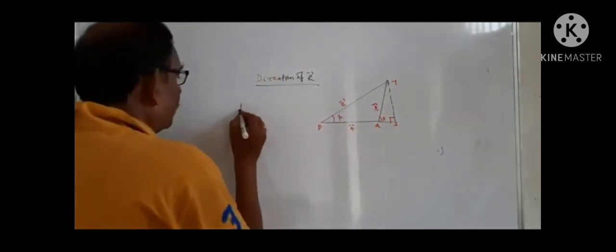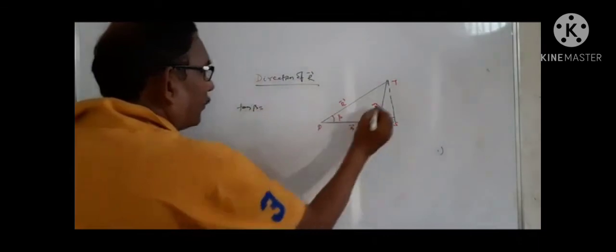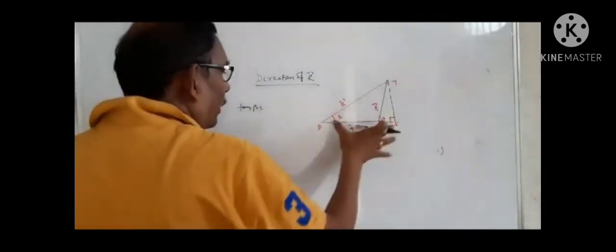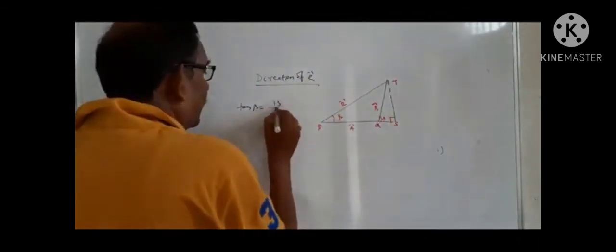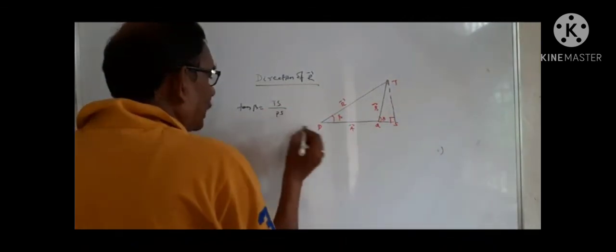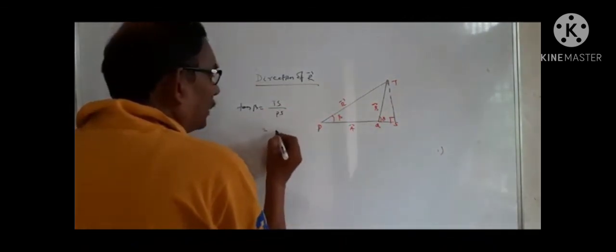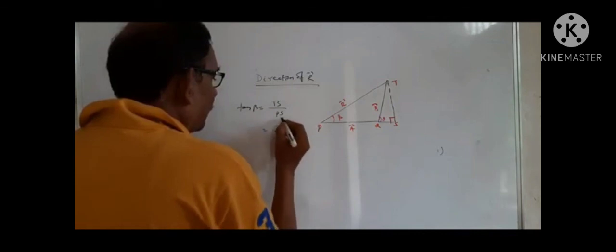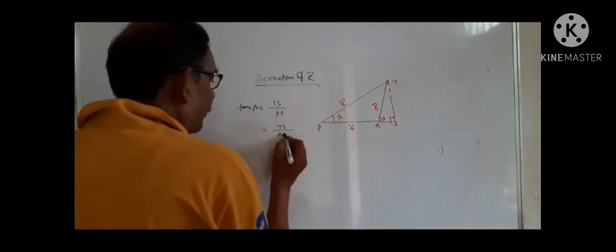So to find tan beta, it is perpendicular by base, ST by PS. So PS is equal to PQ plus QS. How do you know that?